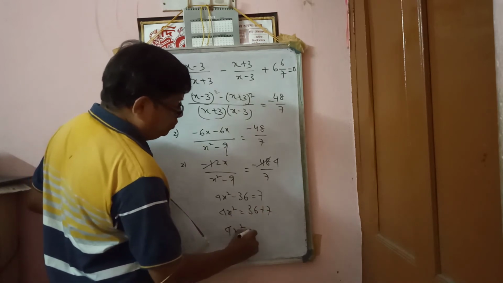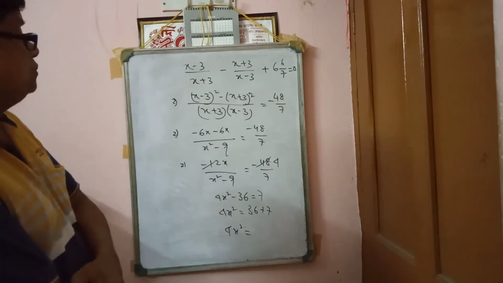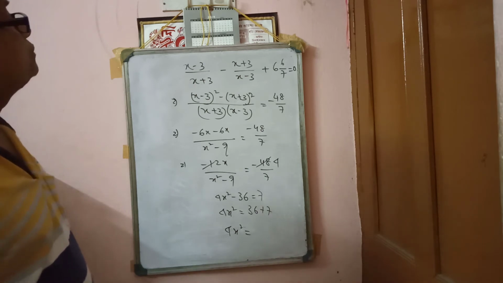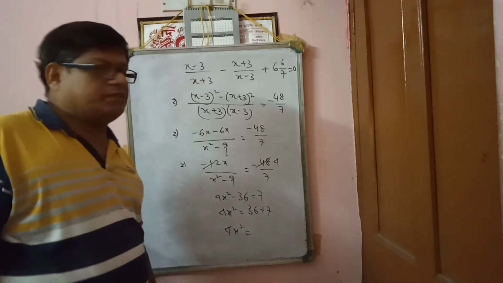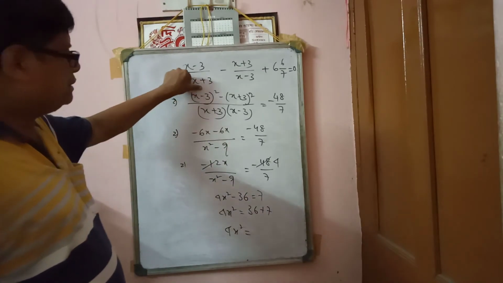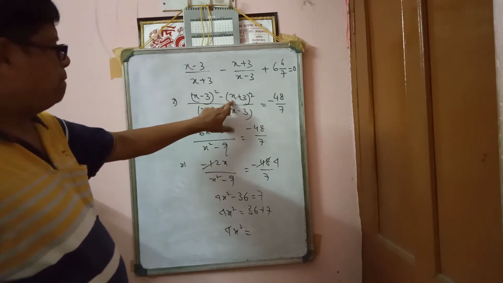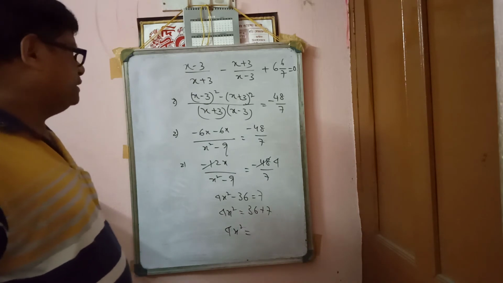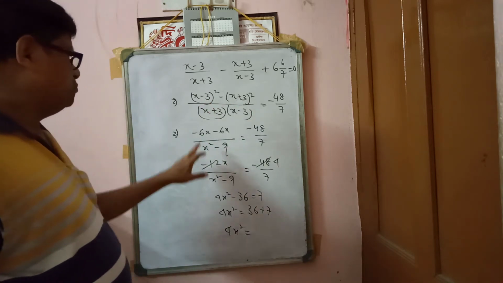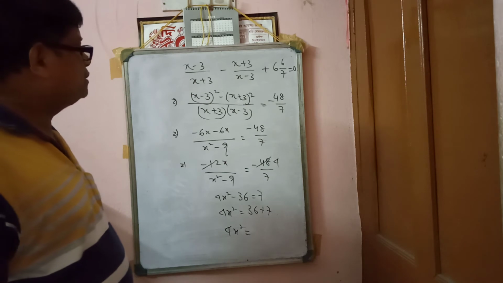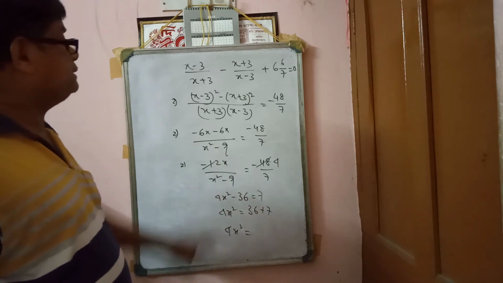So x minus 3 whole square minus x plus 3 whole square: x square minus 6x plus 9, minus x square minus 6x minus 9, so minus 6x minus 6x is minus 12x by x square minus 9.